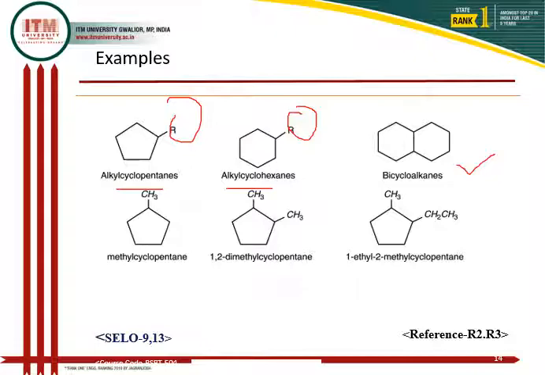Okay, so in the heavier crude oil, we have the multi-ring cycloalkanes. So this is methyl cyclopentane, 1,2-dimethyl cyclopentane, 1-ethyl, 2-methyl cyclopentane. So these all are the alkyl substituents of the cyclic saturated hydrocarbons.